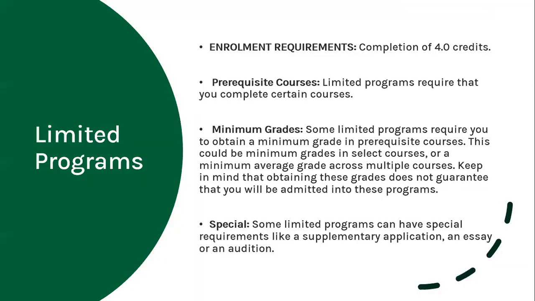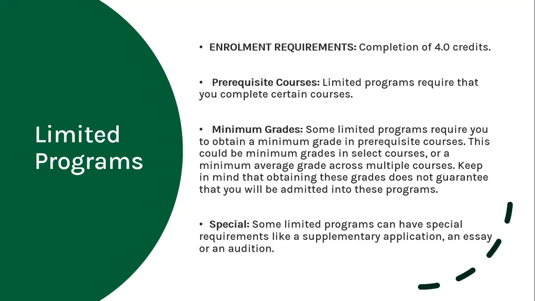The next program types we'll look into are the limited programs. For these programs, apart from completing the 4 credits, they're looking at specific prerequisite courses. And also apart from the specific prerequisite courses, they're looking at minimum grades in order for students to get into these programs. Something to be mindful of is that the published minimum grade may not be a guarantee for you to get into the program, as with each year the applicant pool changes, and if the average in that year is higher, then the cutoff to get into the program will be different.